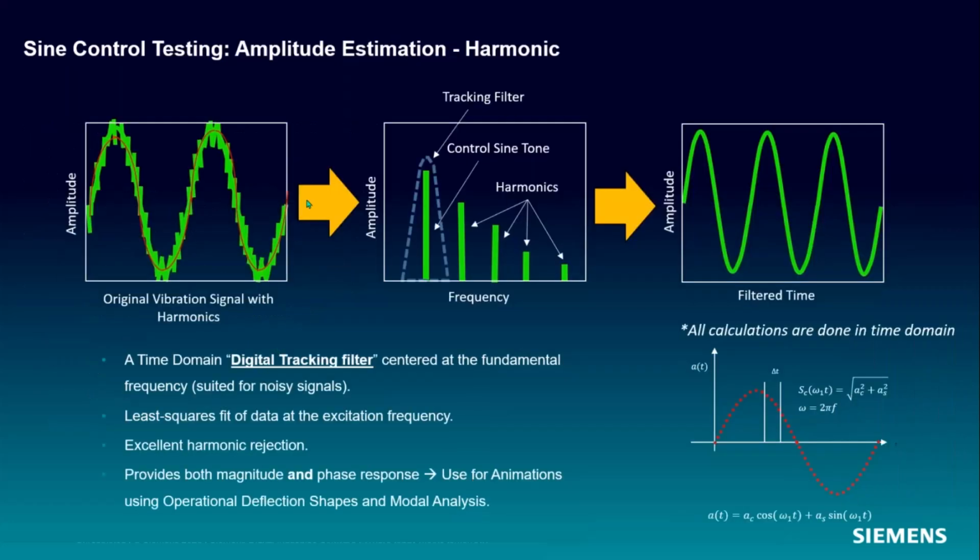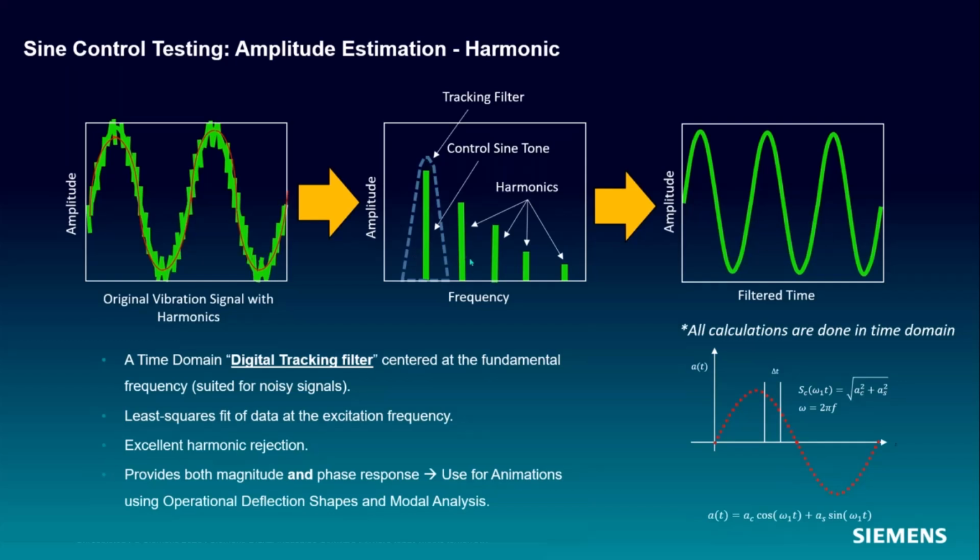How do these work? Okay, so the harmonic estimator takes your noisy sine signal and puts a tracking filter, which is essentially a band pass filter that's centered at the excitation frequency, right? We're generating the signal, so we know exactly what the excitation frequency is at any point in time. And we center this band pass filter at the excitation frequency.